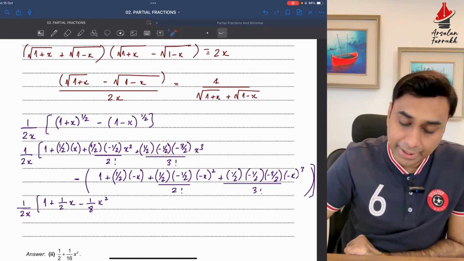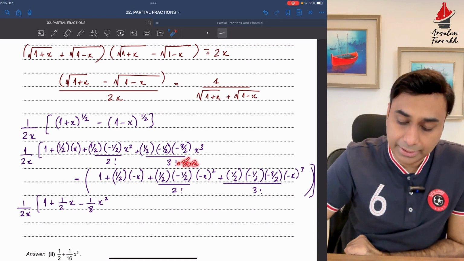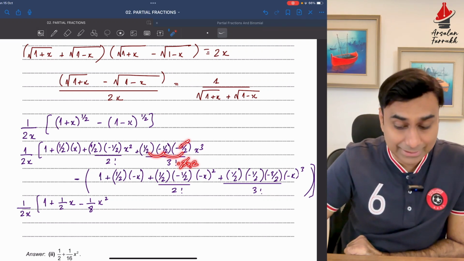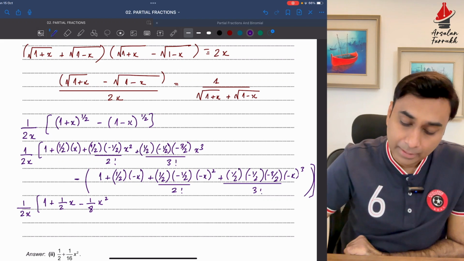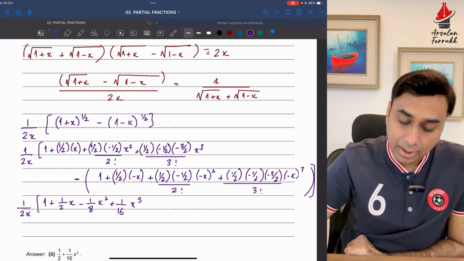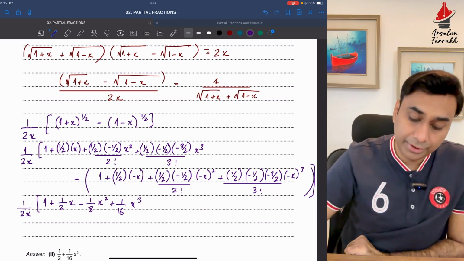Then I'll move on to the next term. The 3 factorial gets opened as 3 times 2, and this 3 cancels with this 3. So 2 times 2 times 2 times 2, that's going to be 16. So this is going to become plus 1 upon 16 x cube. I'll continue on with the simplification.